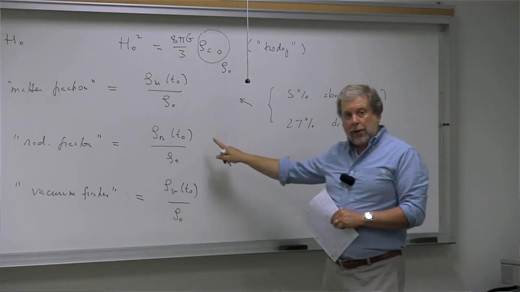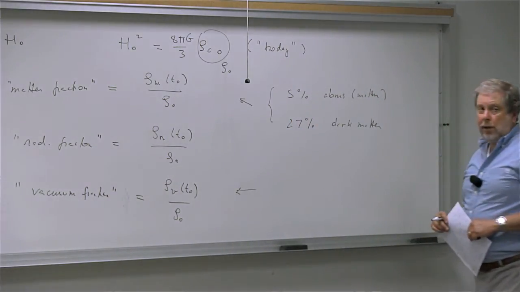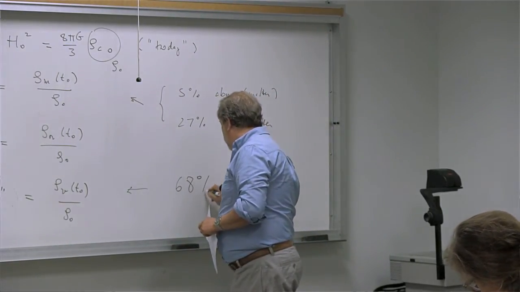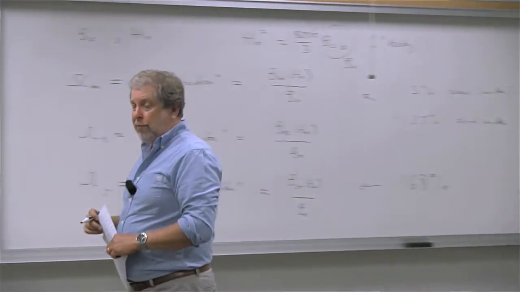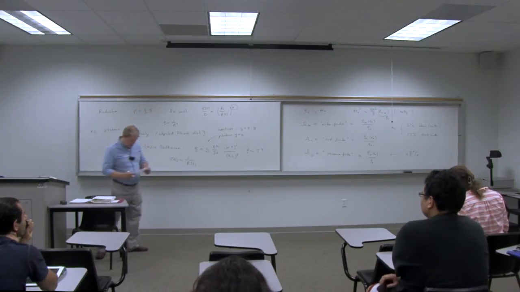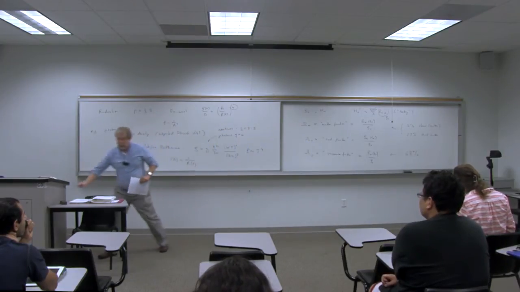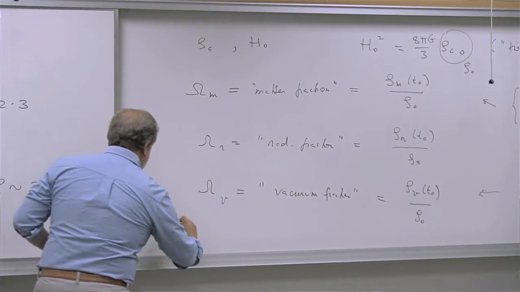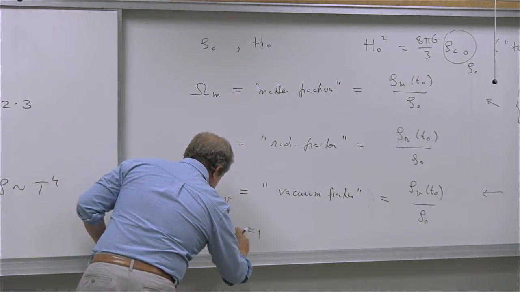The radiation part nowadays is quite negligible. And the interesting aspect is that if you write it in this way, then this fraction amounts to about 68%. That's from the latest Planck data. About 68% of the fraction of energy density in the universe is due to this vacuum energy, whatever it is, most likely a cosmological constant. So if you write it in this way, then of course, because it's normalized, you have that omega m plus omega r plus omega v is equal to 1.